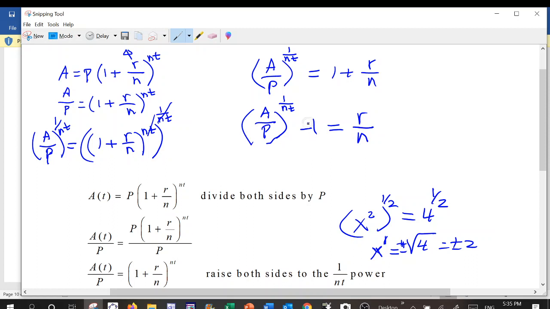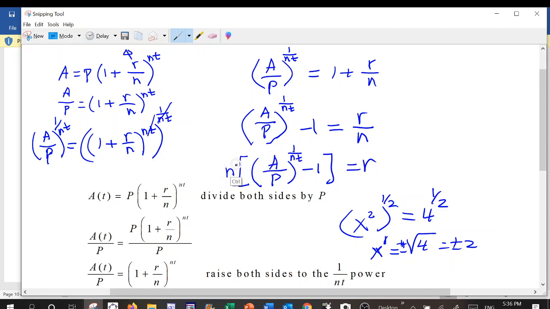And then now you multiply both sides by n to get r by itself. So now we got r by itself on one side. That's the expression.